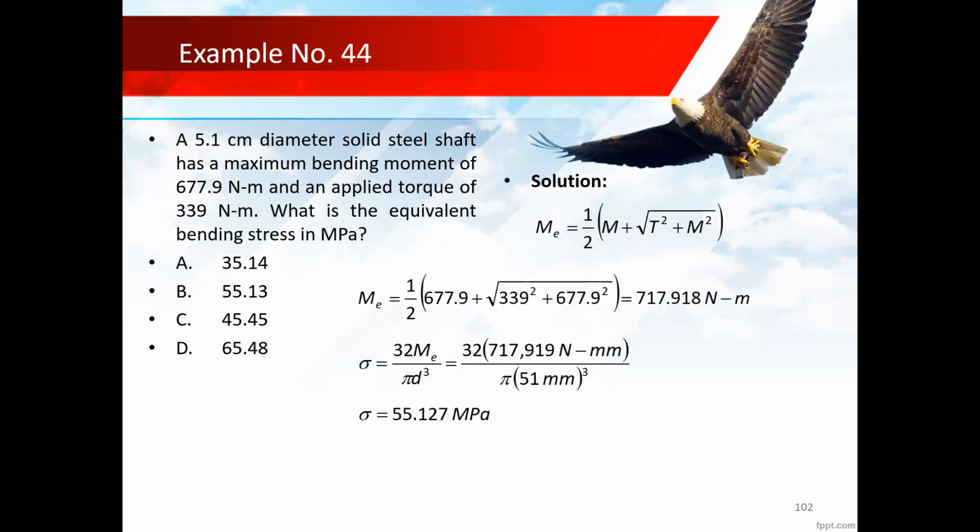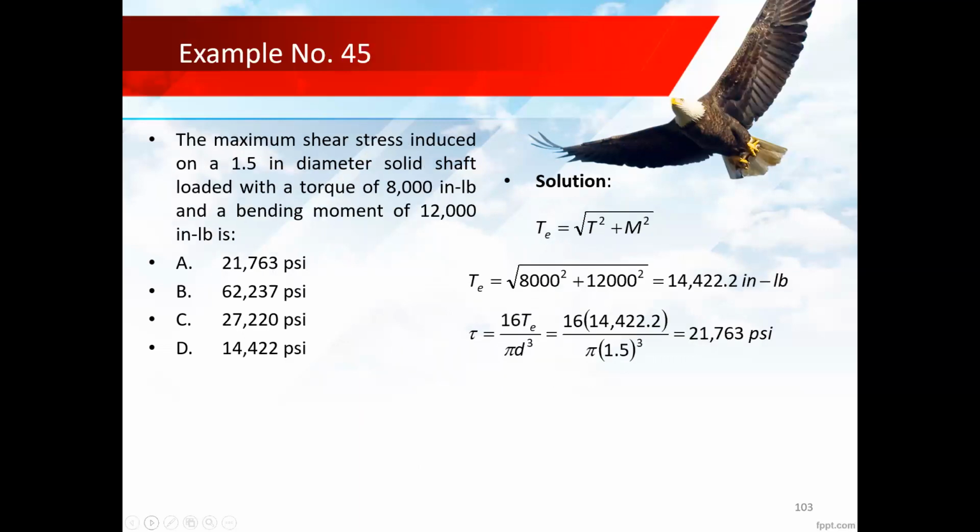Sigma is equal to 32 ME over pi D cubed, is 32 times 717.918 divided by pi times 51 cubed, is 55.127. So letter B. Point yan.